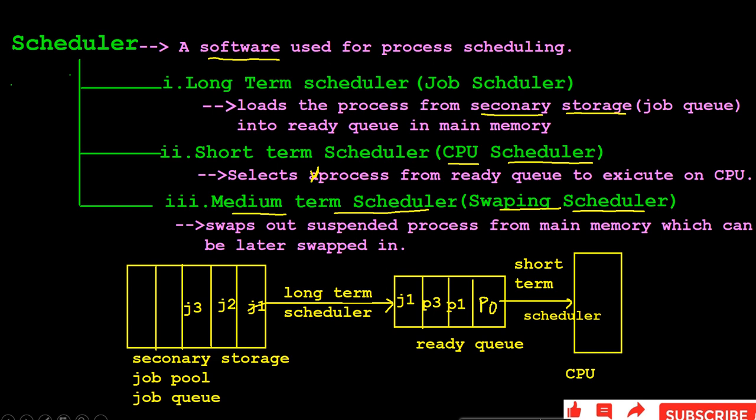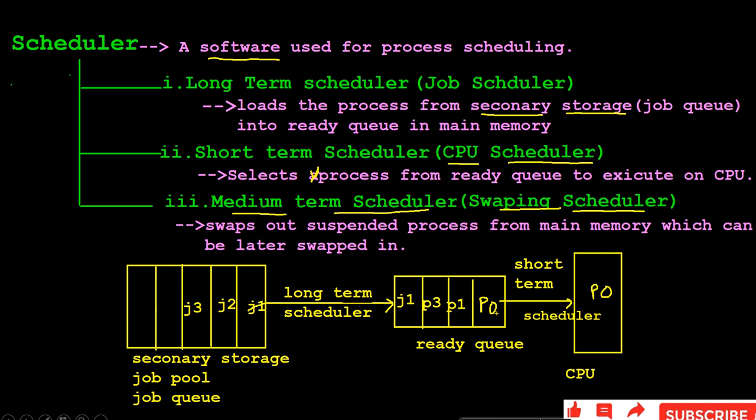What is the use of this? Very simple. Consider the job queue, and the ready queue is already filled. It will consist of the processes which are ready to execute. For example, consider one process which is executing is halted. Here, P0 is executing on the CPU. What happens? It needs some IO device, input-output device, so it cannot continue its execution.